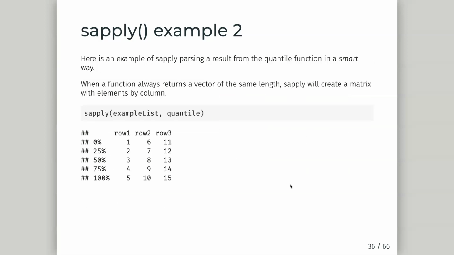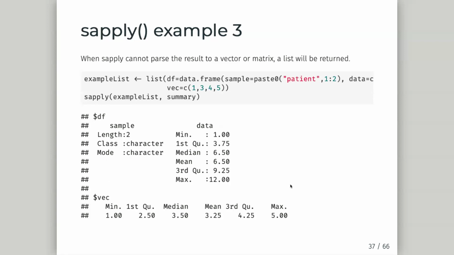And not only is it giving me back a matrix, it's giving me sensible row names and column names, and then the quantiles that correspond to them. So sapply can sometimes be really nice and useful. It's not always predictable, but sometimes it can save you the effort of having to convert your data from a list into a matrix.